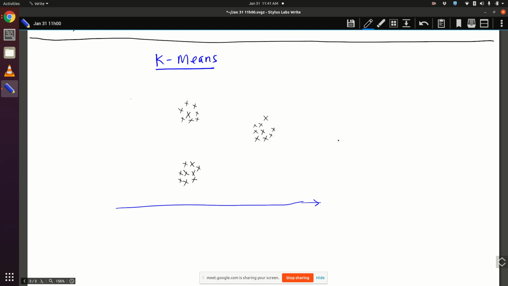I don't know anything, I just know the data. My input is the data, which is xi's, i equal to 1 to n. Each xi may actually be a vector, xi1, xi2, like this.